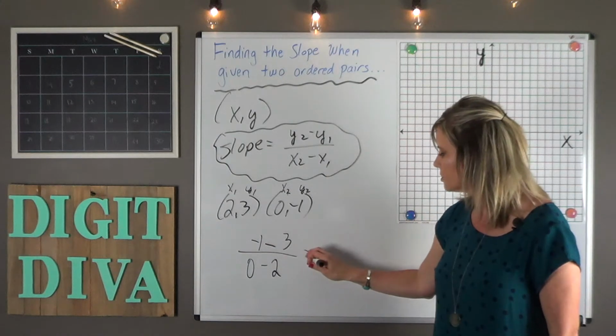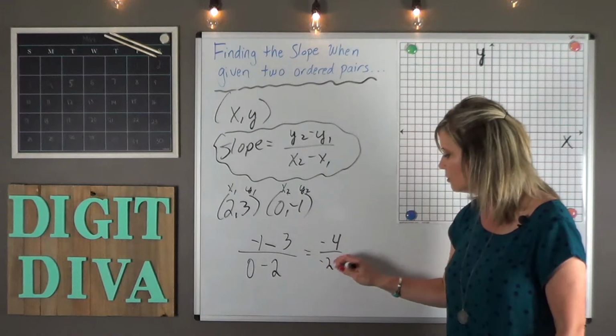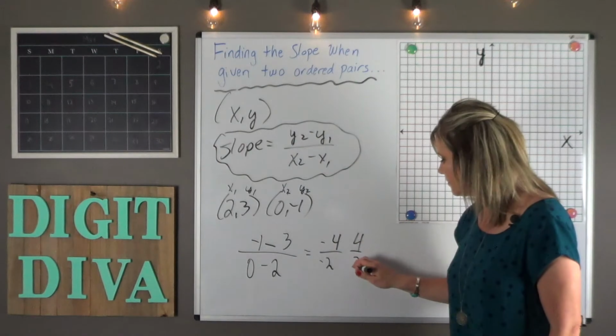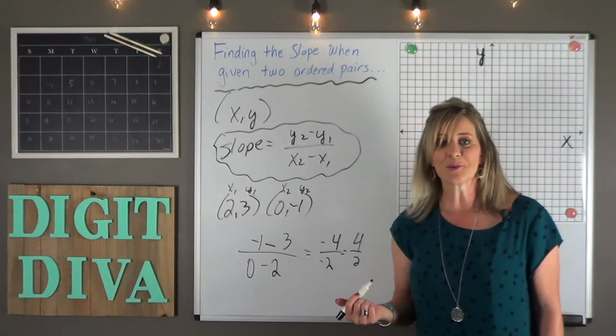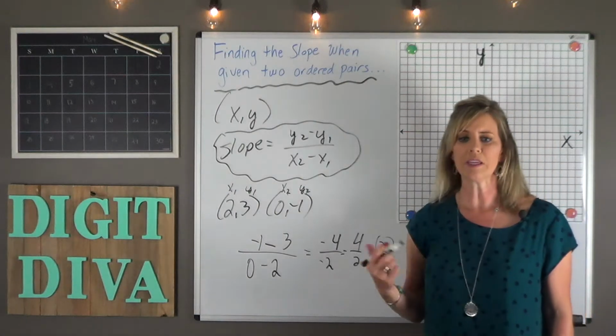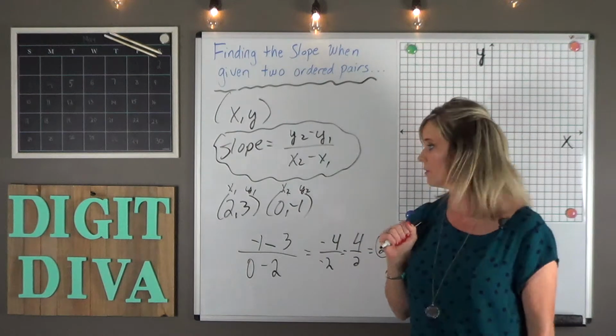Negative 1 minus 3 is negative 4. 0 minus 2 is negative 2. And what do we know about two negatives? They make a positive. And what is 4 divided by 2? That is a positive 2. Now, that is us using this formula strictly.